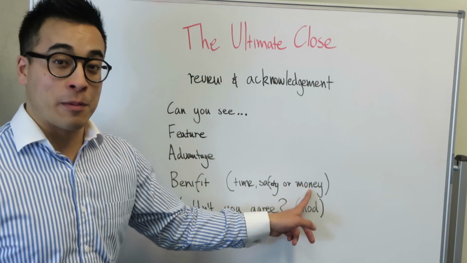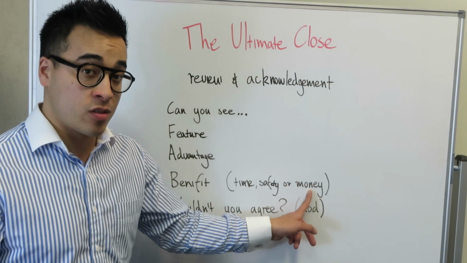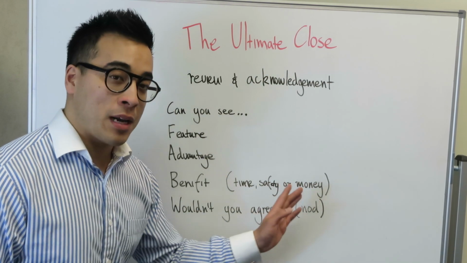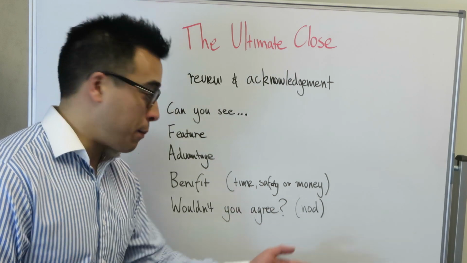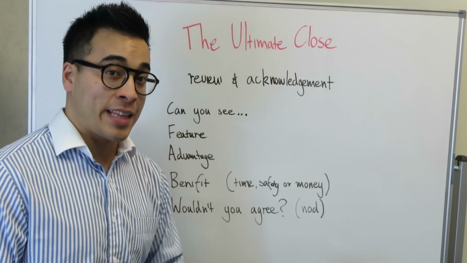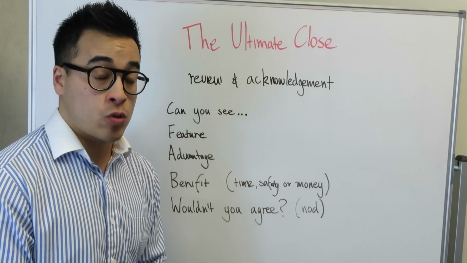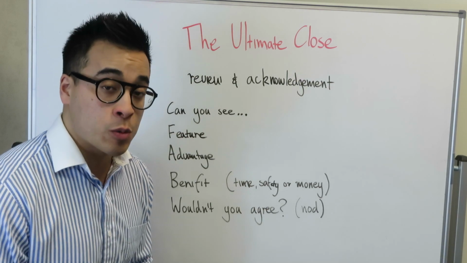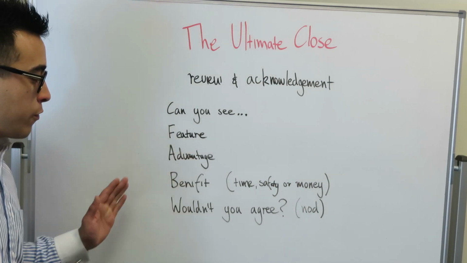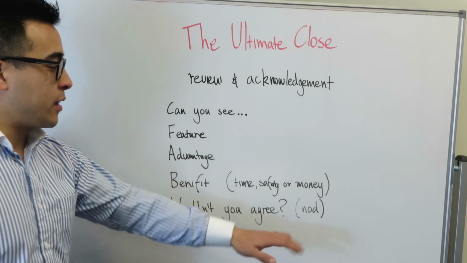That's probably the big one. But don't get caught up in the trap of thinking it's all about money. For some clients it's about time. They want it solved now because of the X, Y, and Z going on in their life, and if it means losing an extra 20,000, that's okay. Time's more important to them. So just be aware of that. Feature, advantage, benefit, then close with a wouldn't you agree and get the nod.